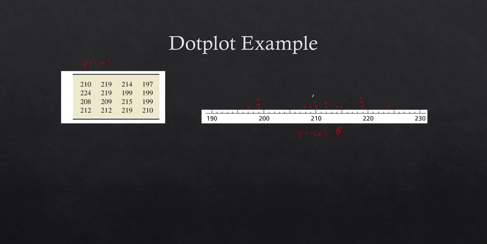But dot plots are very similar to histograms. In fact, when data are grouped using single values, a dot plot and frequency histogram are almost identical. So when you are using single value grouping, if you were to look at the dot plot and the histogram, they're almost going to look the same.